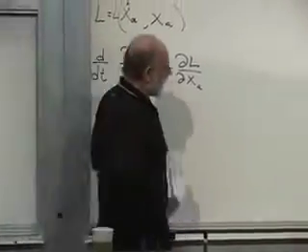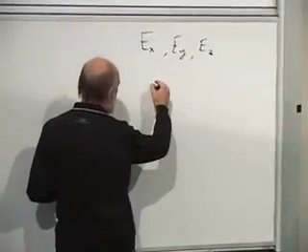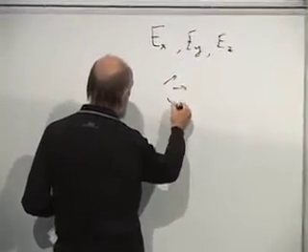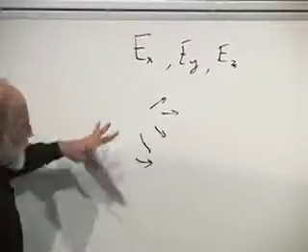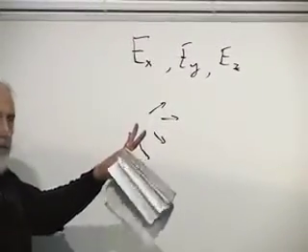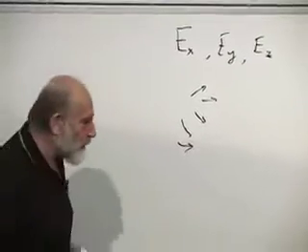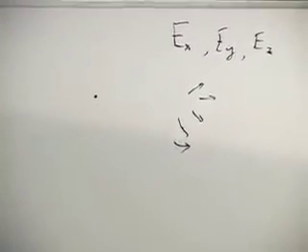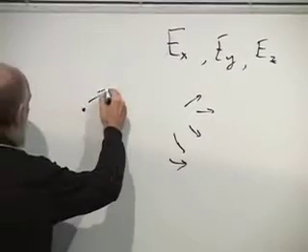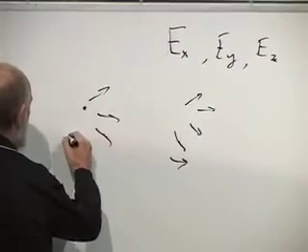Remember, the vector field is a vector at every point in space, and so at every point it points in some direction. The divergence is a measure of the spreading of the electric field away from a point. For example, a typical vector field that has a divergence would point away from some point like that. It's diverging.